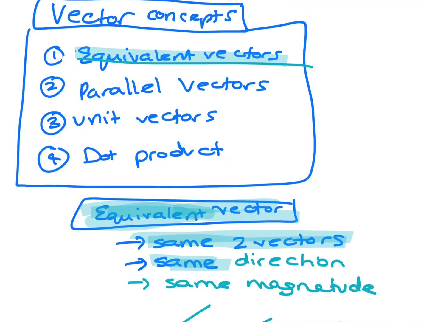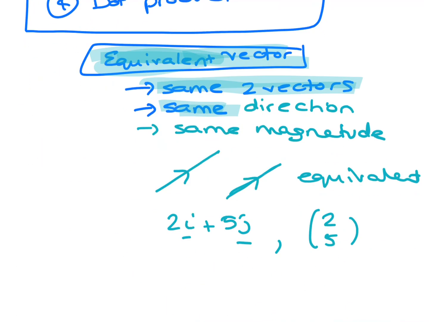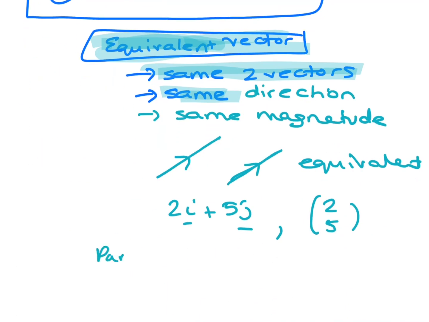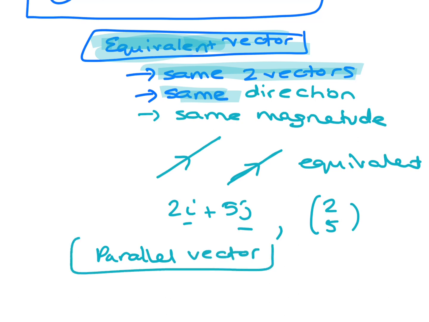So what are parallel vectors? Basically, the difference between a parallel vector and an equivalent vector is that when you have parallel vectors, they will be scalar multiples of each other.